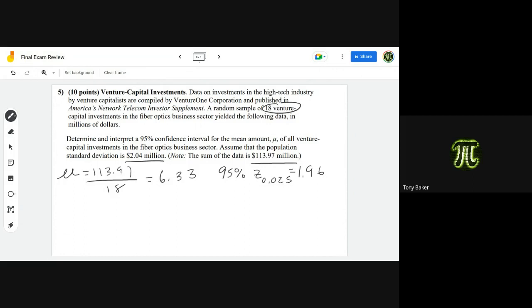All right, so I got 1.96. For my confidence interval, I'm basically just going to take my mean, the 6.33, plus or minus the 1.96 times the standard deviation divided by the square root of 18.